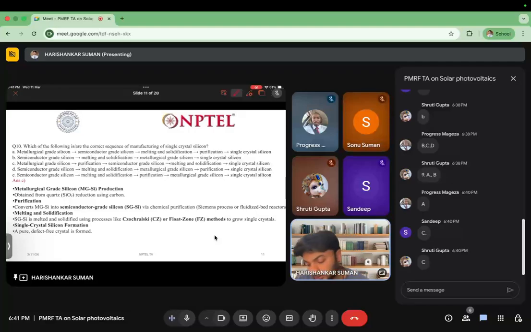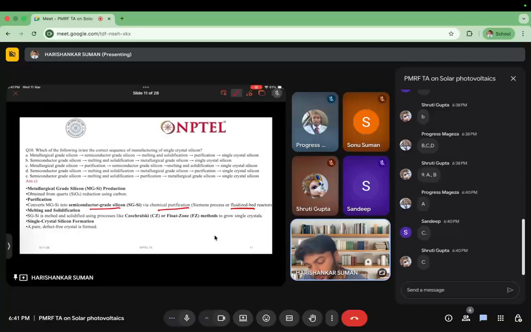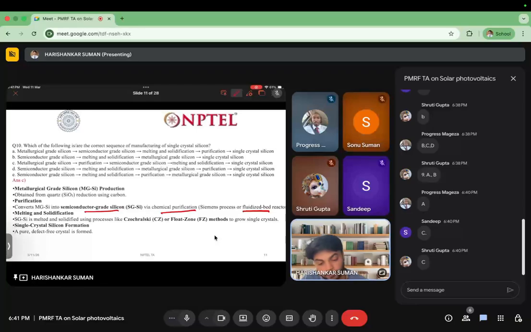First, metallurgical grade silicon, which is also called MG-Si production, obtained from quartz SiO2 reduction using carbon. Then purification: convert MG-Si into semiconductor grade silicon via chemical purification, Siemens process or fluidized bed reaction.